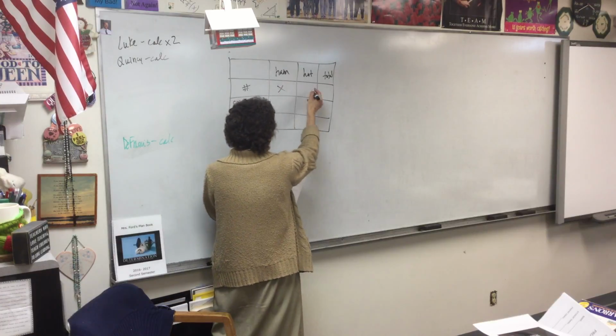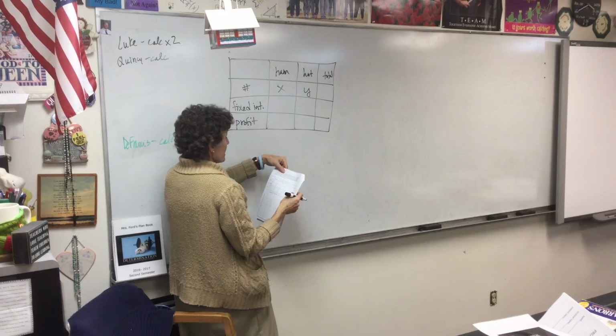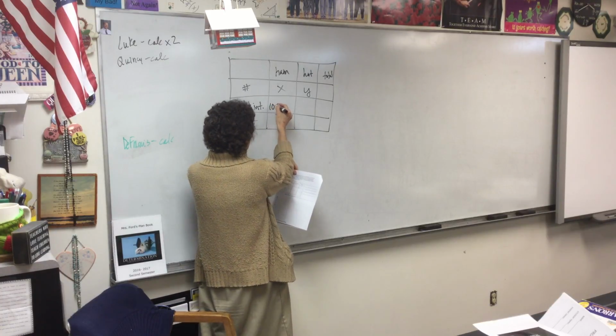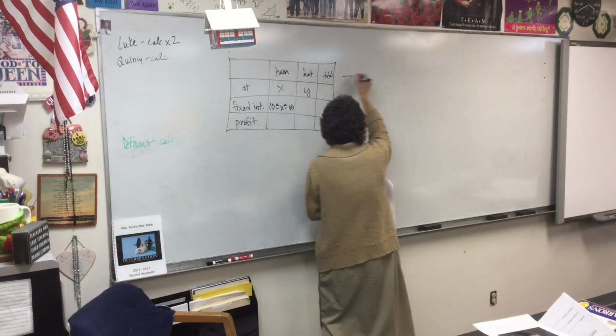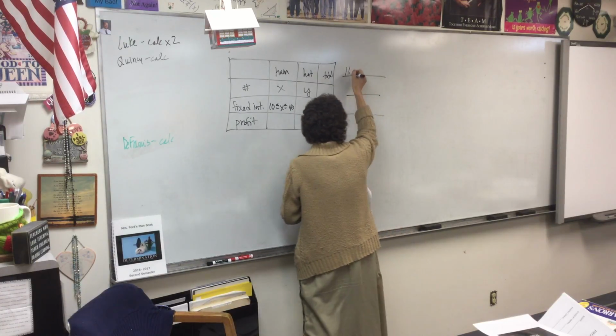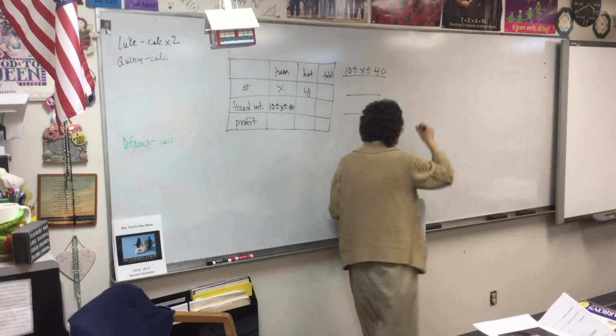So if we let X be hamburgers and Y be hot dogs, then X has to be between 10 and 40. That is going to be one of my equations that I graph.